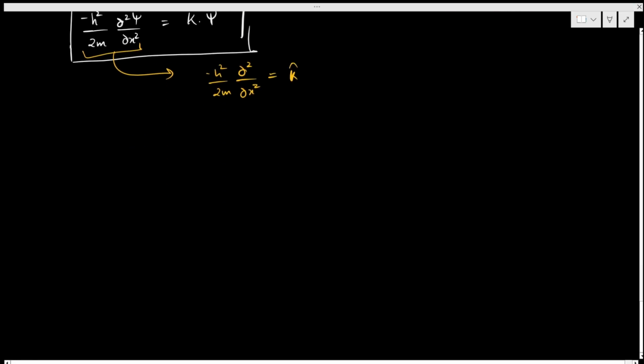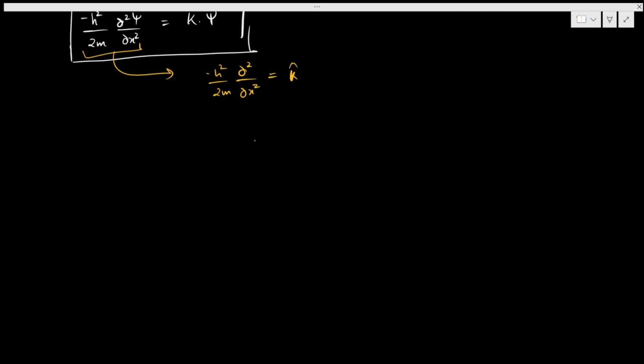Now, there's a couple more operators. I know this video is long enough already. The couple more operators are very simple. Operator for potential energy, I'll just write that as V of x, which is V cap. Like I said, this is very simple. I'm not going to derive this, but V cap in any case is just directly V of x itself.